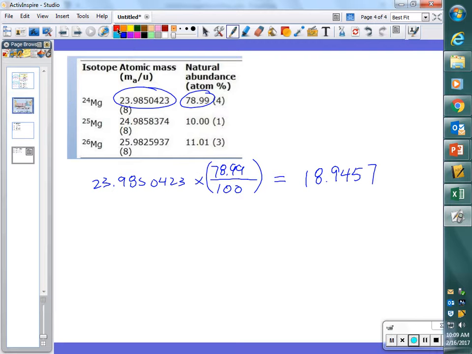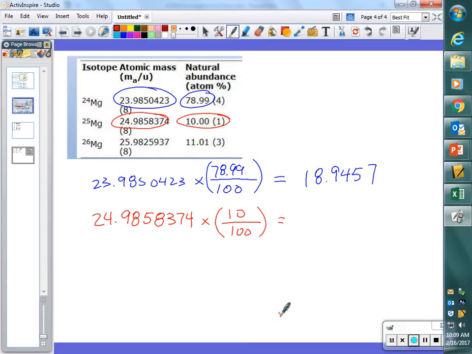To find out the overall average, we now have to do that with magnesium 25 as well. So we take magnesium 25's atomic mass, right? How it individually compares to carbon 12. And then we multiply that by its percentage over 100.